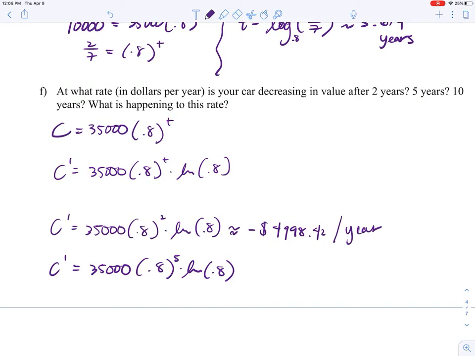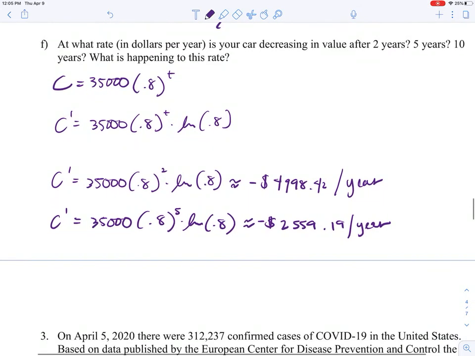Now, knowing that the value of the car decreases 20% every year, that does describe a rate to us. But if we want to know, at one particular year, how the value is changing in dollars per year, that's where we would use our derivative. So after 5 years have passed, the value of the car is decreasing at $2,559.19 per year.